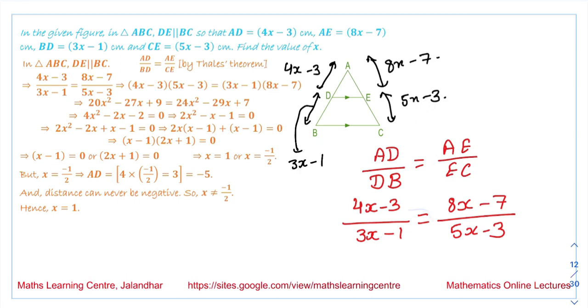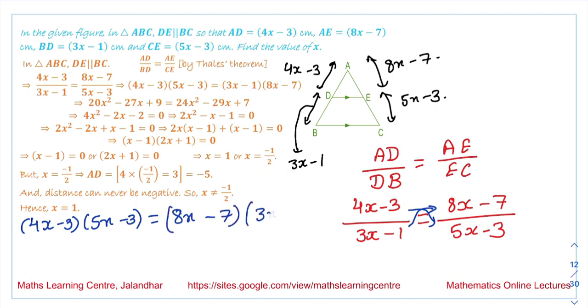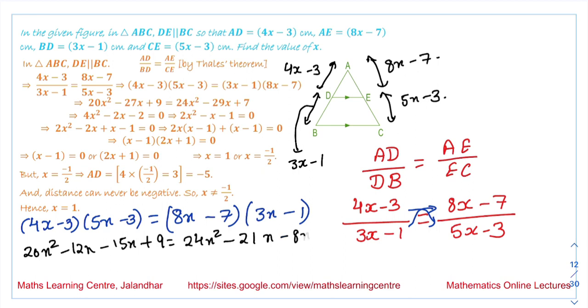Now if we cross multiply these two terms, we get 4x minus 3 into 5x minus 3 is equal to 8x minus 7 into 3x minus 1. On multiplying these terms, we get 20x square minus 12x minus 15x plus 9 is equal to 24x square minus 21x minus 8x plus 7.